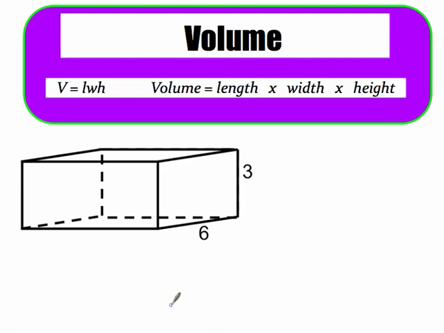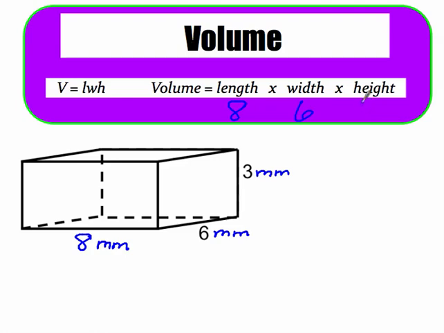Now let's look at one without counting. We have a 3, a 6, and let's make this an 8. And you know what? Let's label them. Let's call them millimeters. Okay, our length, we're going to say, is 8. Our width is 6.